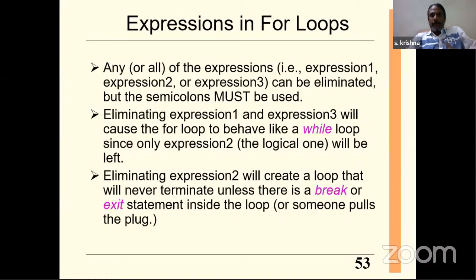Now, in a for loop, expression 1, expression 2 or expression 3 can be eliminated, but the semicolons must be used. If you are not putting any expression, you definitely have to use the semicolons in between.